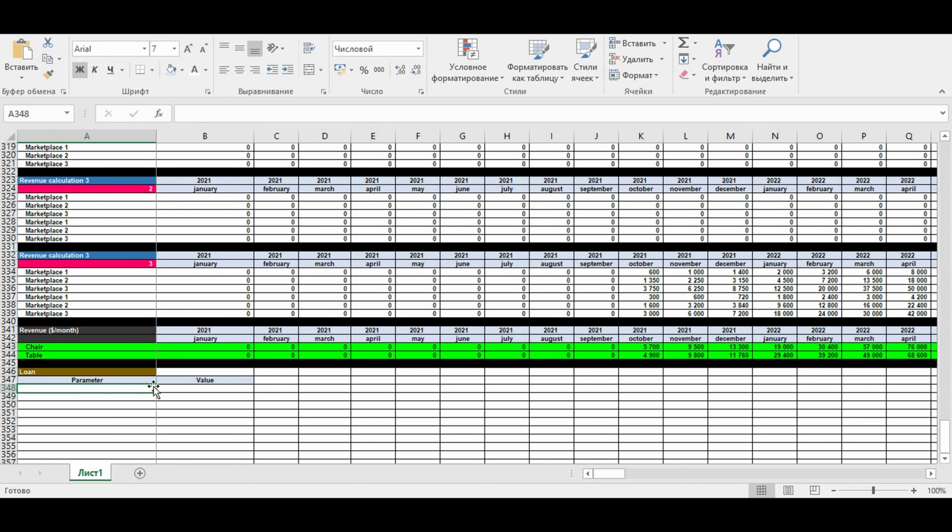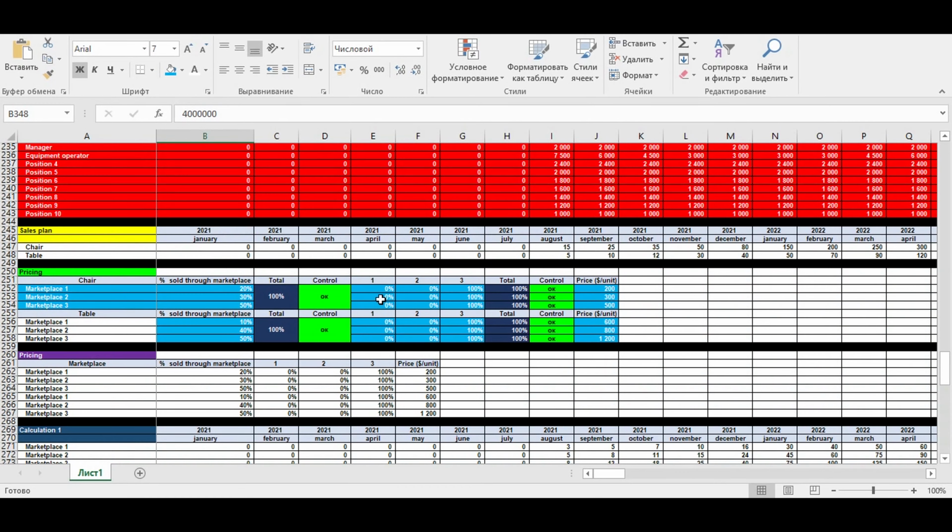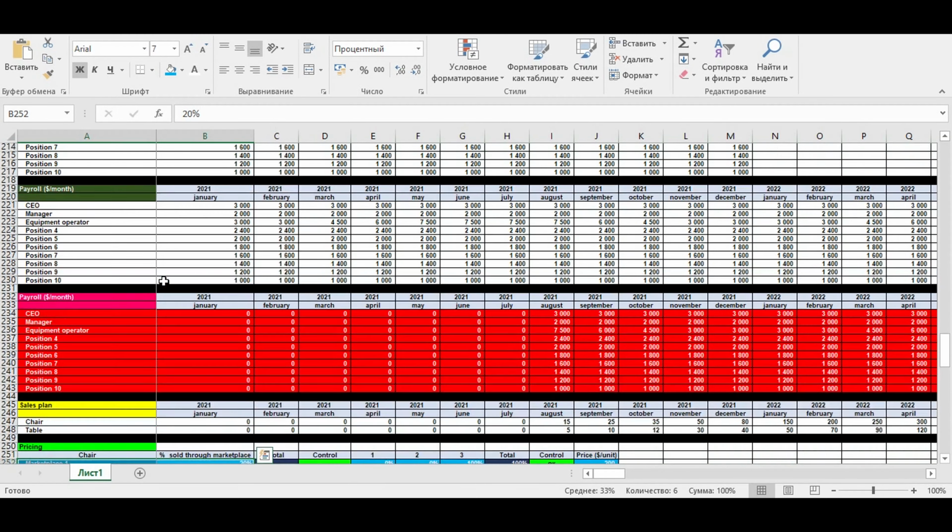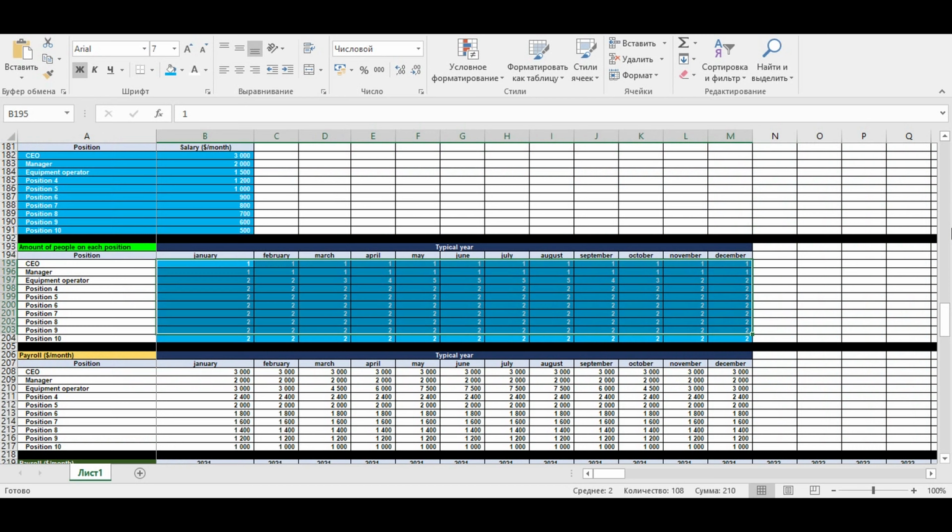So first in the block of inputs, the first input will be the amount of the loan, in dollars. This is an input, so we mark it with blue, like every input in our financial model.